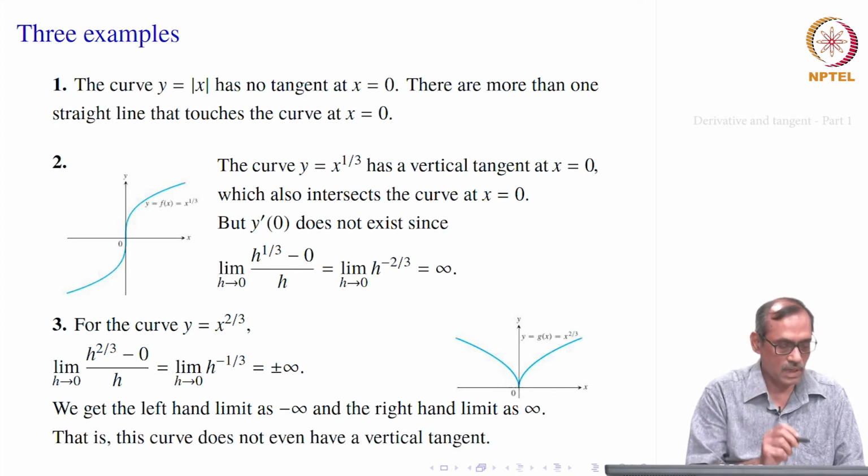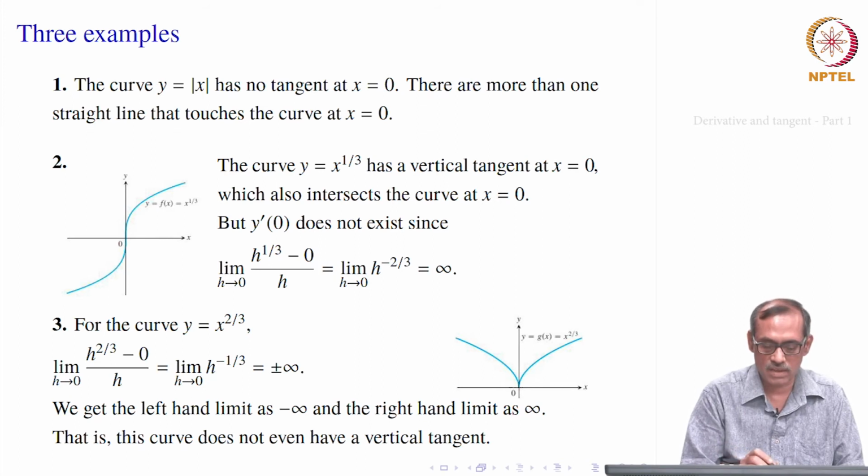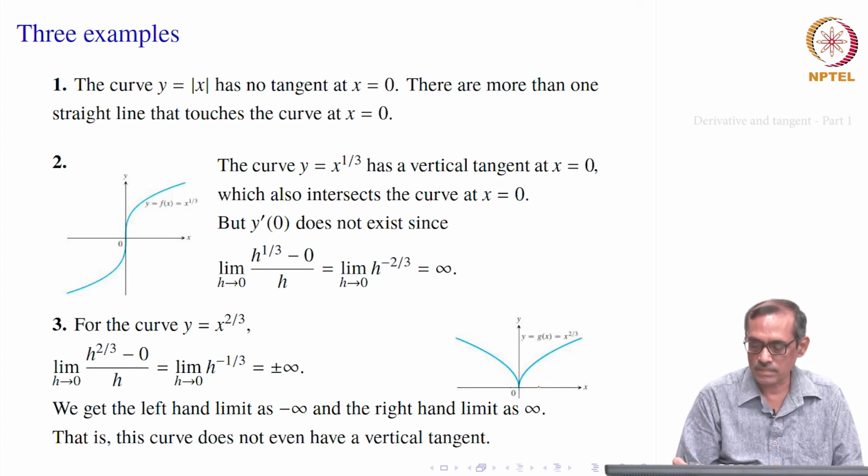Okay. But how do you say a vertical tangent exists or not? In order to have the vertical tangent exist, we should have the slope as infinity or minus infinity, one of them, but it does not have a limit. So, we cannot say that this y axis becomes a tangent to the curve, right.